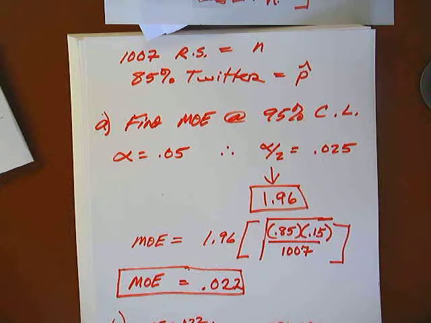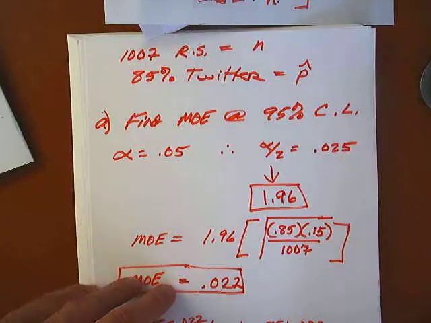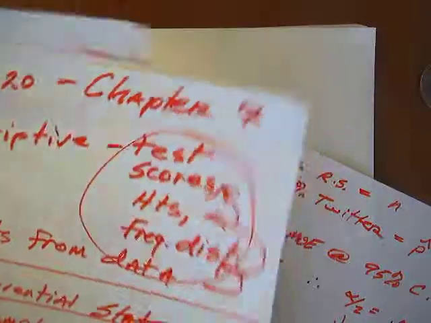And the last part of the question asks, assuming that you are a newspaper reporter, write a brief statement that accurately describes the results of this information. Well, basically that 85% of people know what Twitter is, and we have that based on a 95% confidence interval, and we're talking about only 2 points either way.